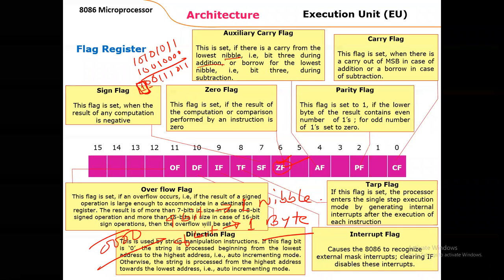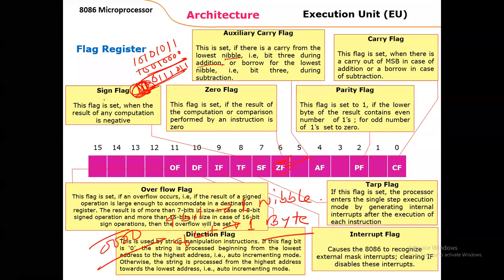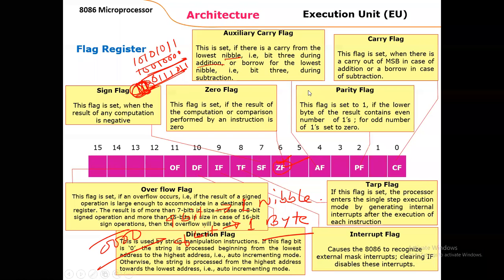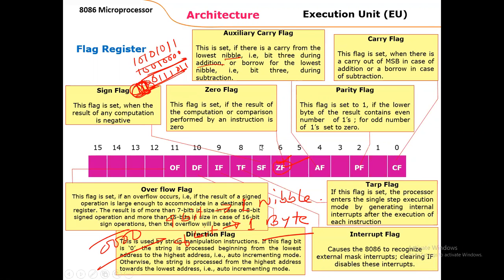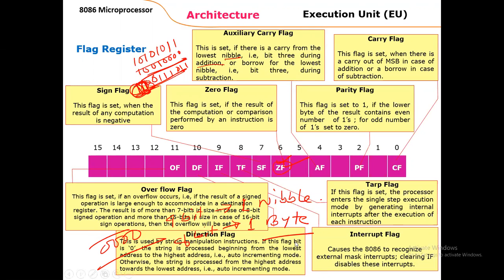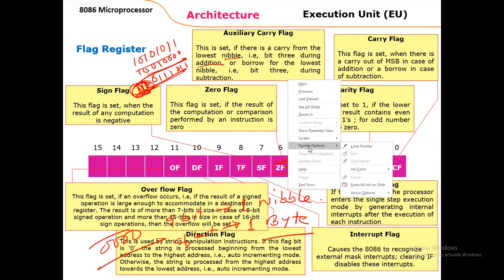But our system is 8 bit, so this is 9 bits. So this one is overflow. Clear? So this is your flag register.